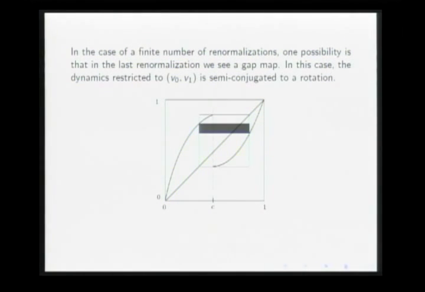if you look to the restriction between the two critical values, and you see a gap map like this here. In this case, what we have is that this is semi-conjugated to a rotation.